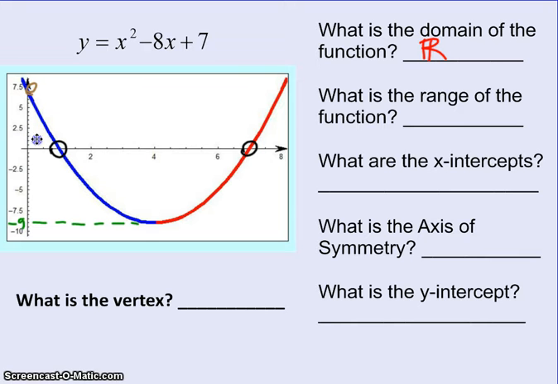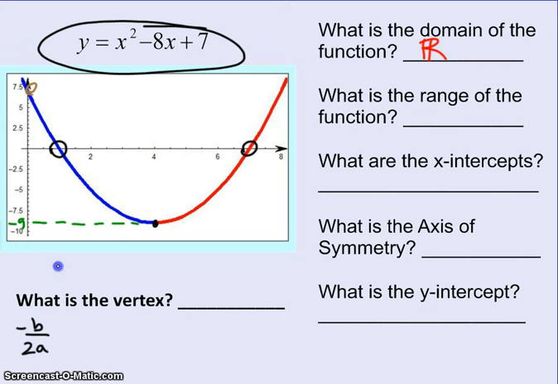Okay, what is the range of this function? Notice that it goes all the way down to the vertex. So I would start by finding the vertex. This equation is in standard form. So I would need to use negative b over 2a to find the vertex. The b is negative 8, so negative negative 8, all over 2 times 1.